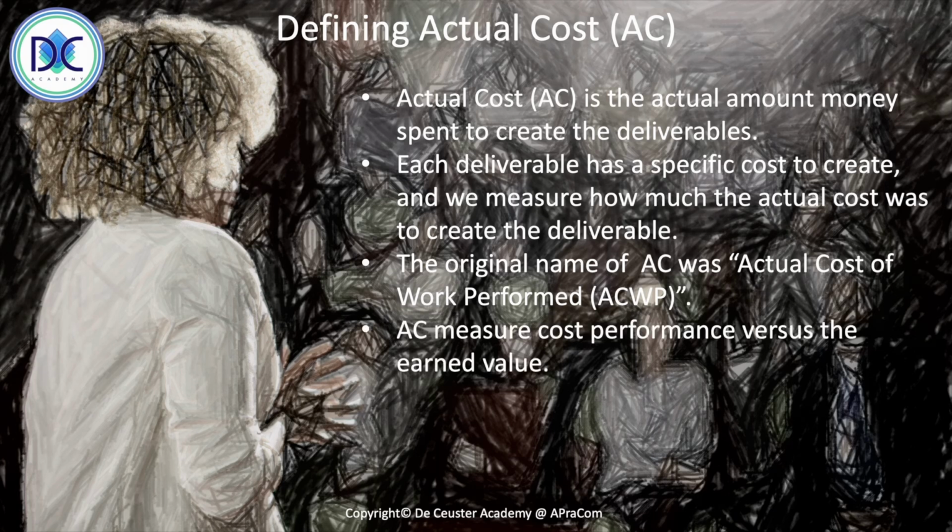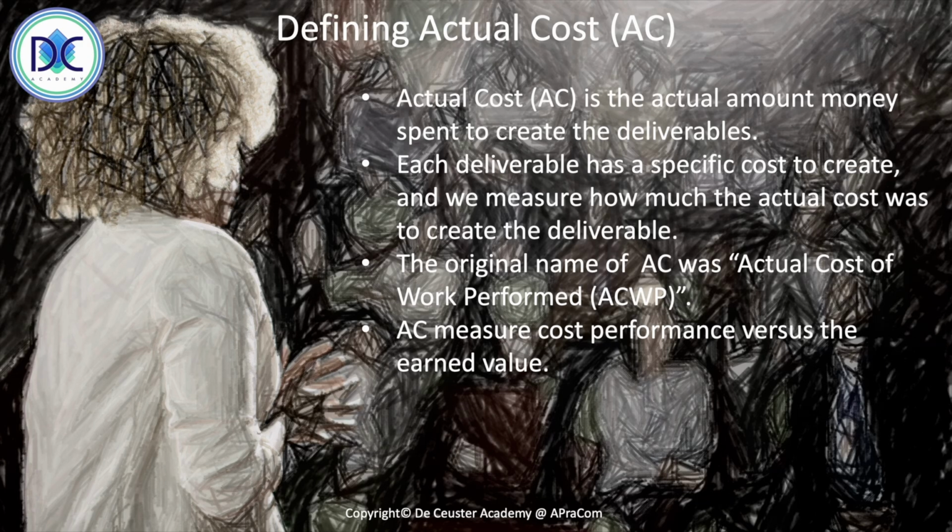We look at the actual cost and we are going to compare it with the earned value. That's very important to understand, because we're not looking at the planned value. Remember, when we compared the actual cost with the planned value, it didn't give us the correct conclusions. We might think that the project is performing well. Nevertheless, it's not really performing very well, and that created issues.